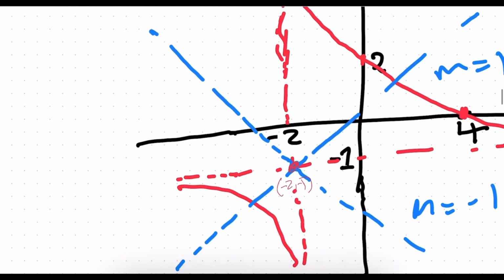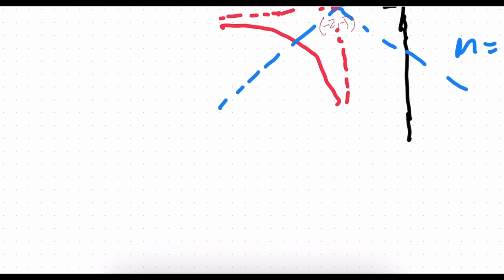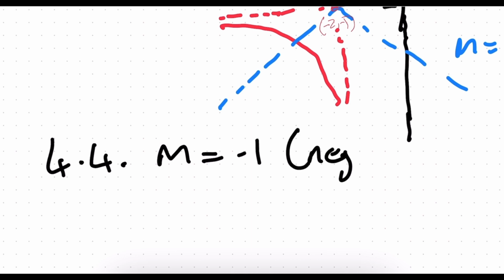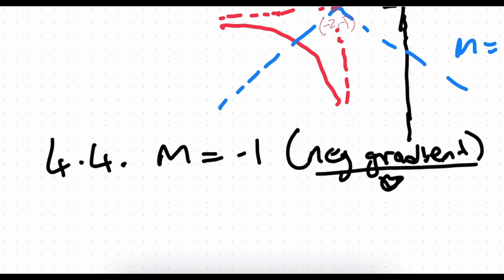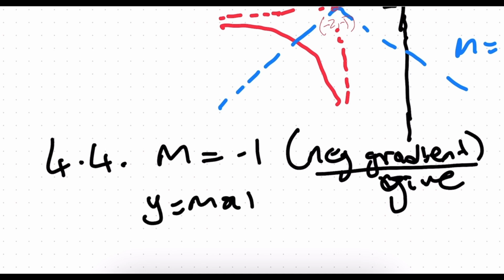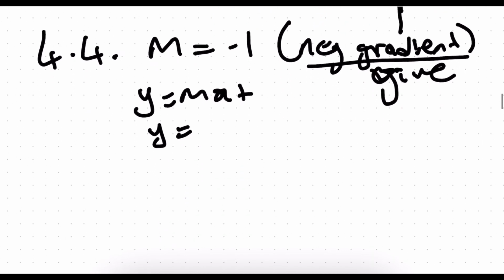4.4. To solve 4.4 you just need to do the simple thing. You know that m is equal to -1 because they said negative gradient, it's given. So y = mx + c boils down to y = -1 times x, which is -x, then plus c.